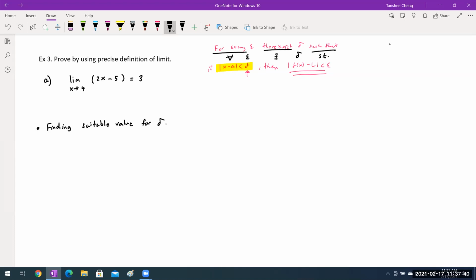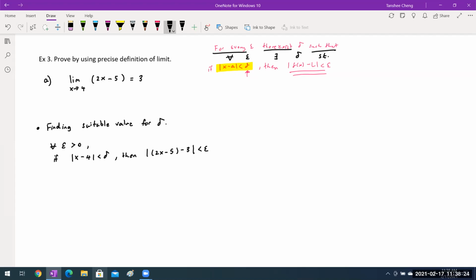So we can say that for every epsilon greater than 0, if the absolute value of x minus 4, that's the limit, is less than delta, then we know that the function, which is 2x minus 5, minus the limit is less than epsilon. Less than epsilon.